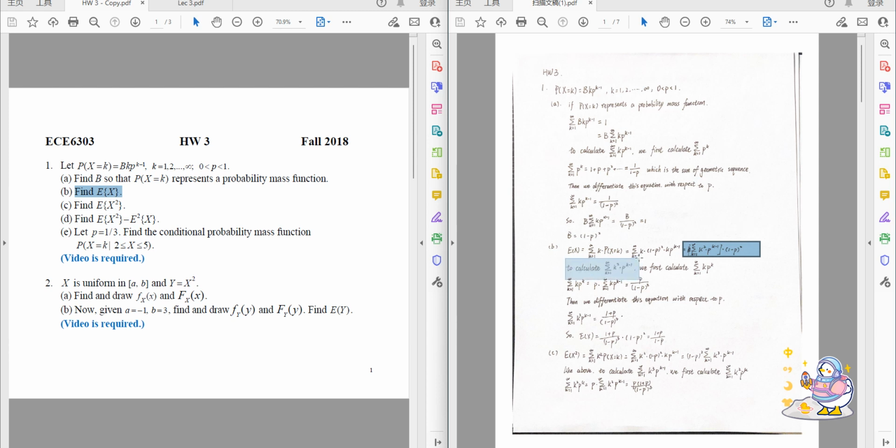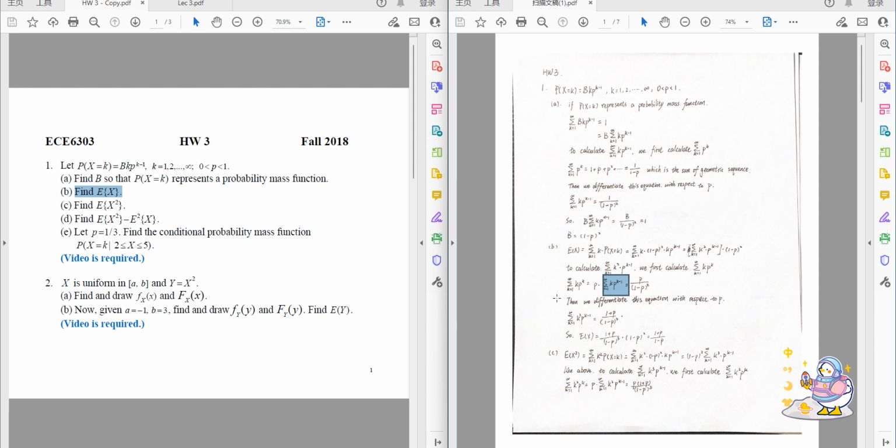To calculate this, we first calculate this term, the product of k times p to k. We factor out a multiplier constant p. We can find that it is the result of the first problem.